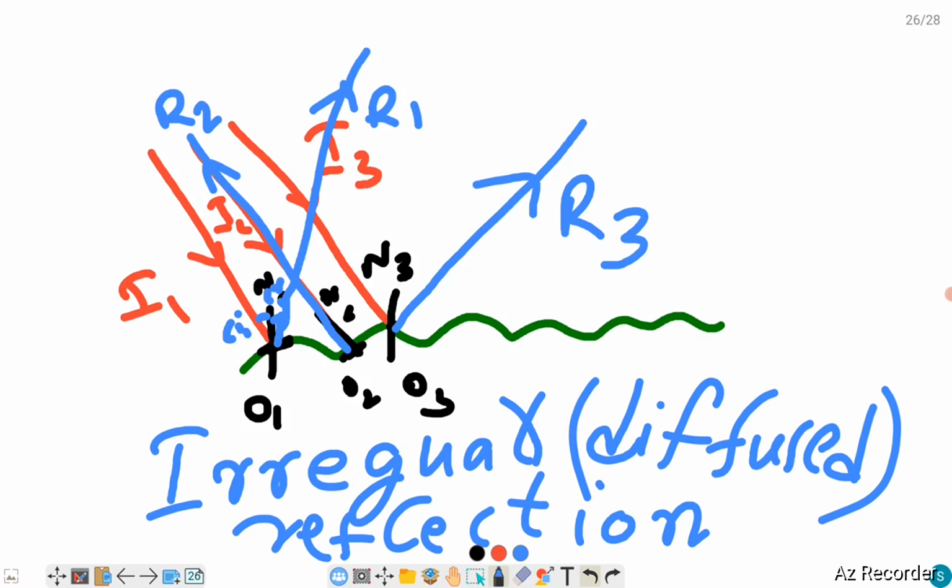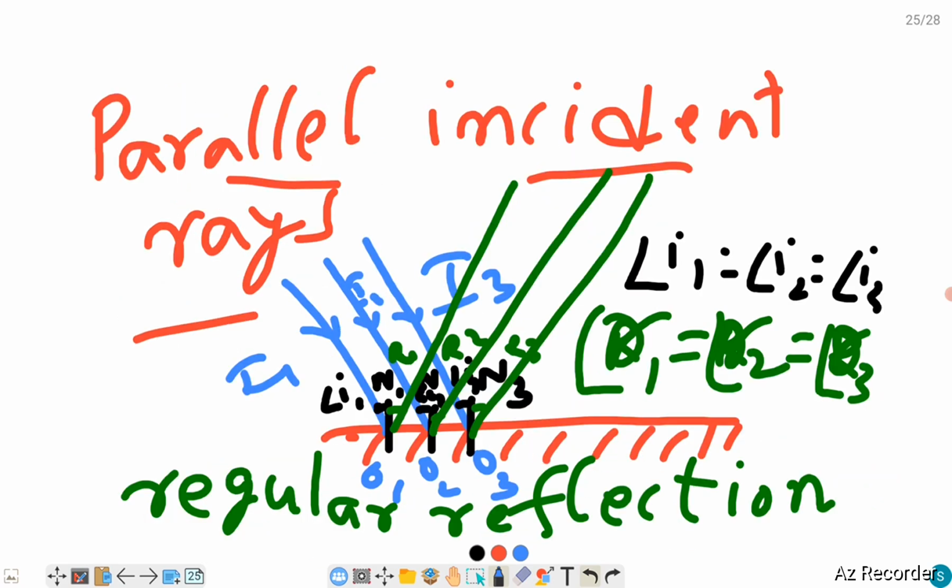But what is happening is that as the incident rays are incident on different positions, their normals are shifted. In regular reflection, if you see, normals are parallel to each other.